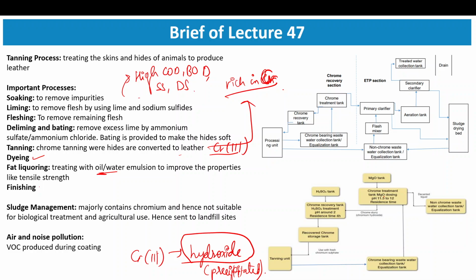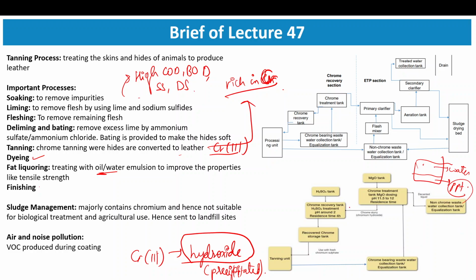Since precipitates are formed, you can allow the precipitate to settle, and there will be a top layer of water and a bottom layer of precipitates. Now, these precipitates are toxic, containing chromium.